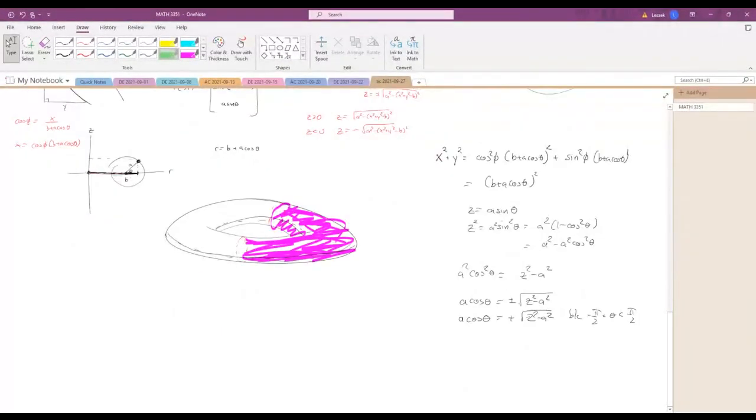So there you go. We have x squared plus a squared is equal to b plus a cosine theta.